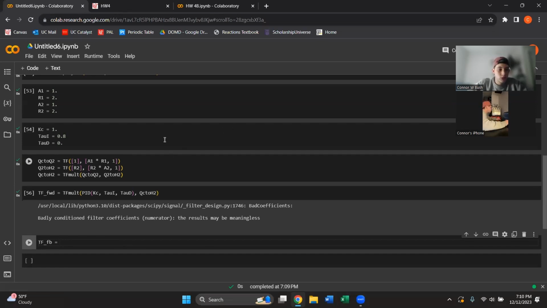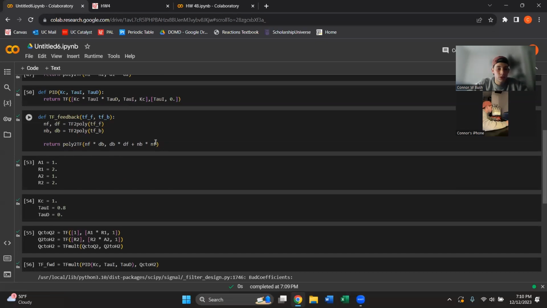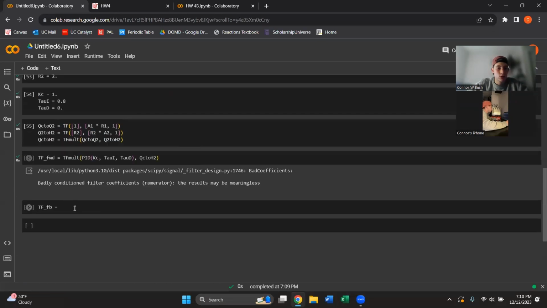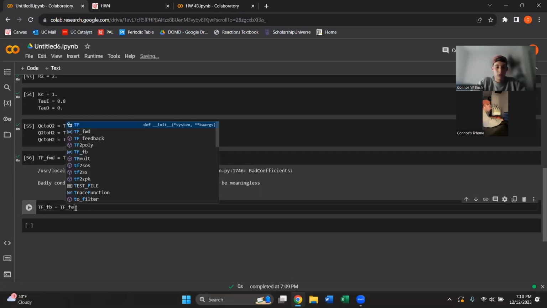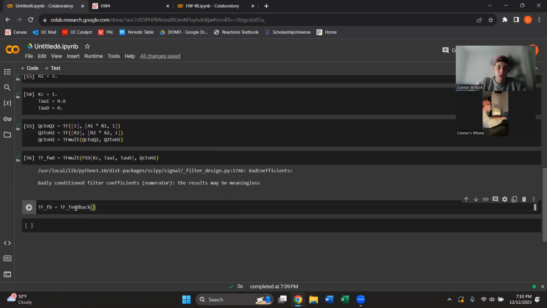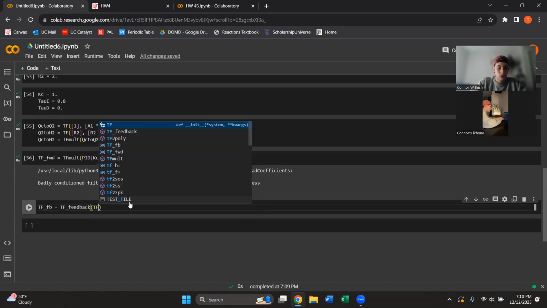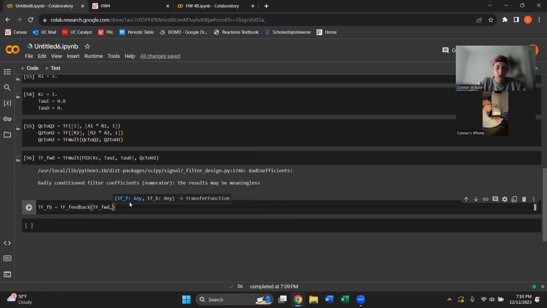So we need to go back to this function that we called. So that is our TF feedback. And then this is receiving a forward transfer function and then a backwards transfer function. So our forward one we just created right here. So that's called TF forward.